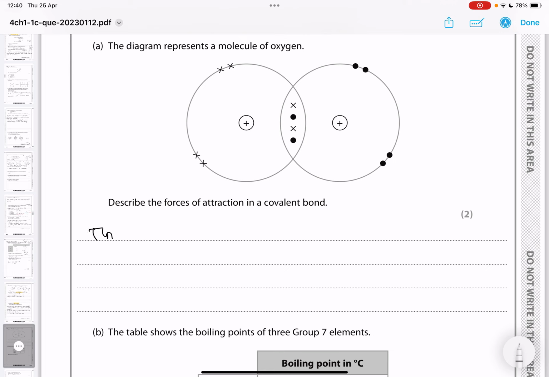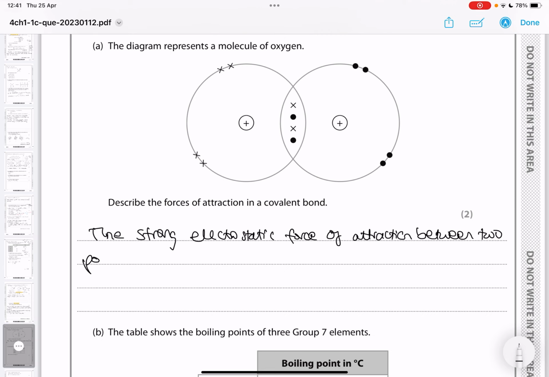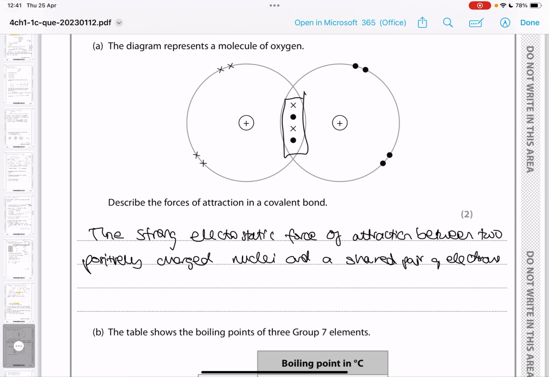A covalent bond is the strong electrostatic force of attraction between two positively charged nuclei and a shared pair of electrons, which is what covalent bonds are about. Okay, it's when atoms share electrons to form molecules. You can see that here. Those are the shared electrons.